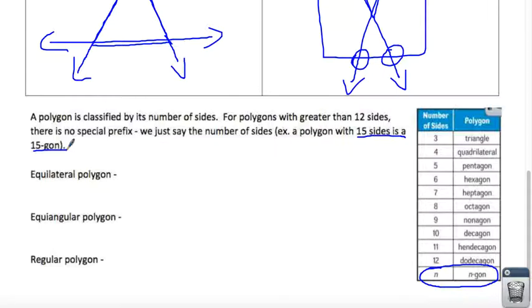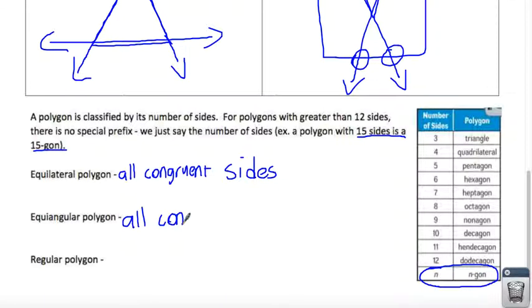An equilateral polygon is going to have all congruent sides. And an equiangular polygon, you guessed it, will have all congruent angles.